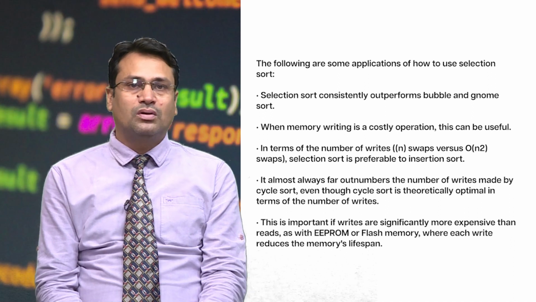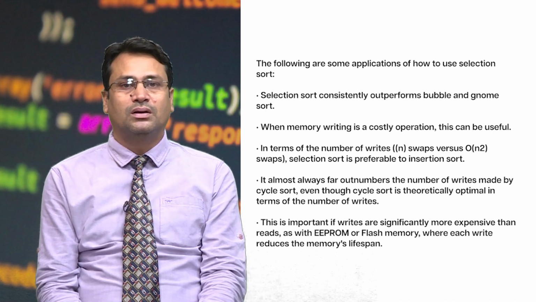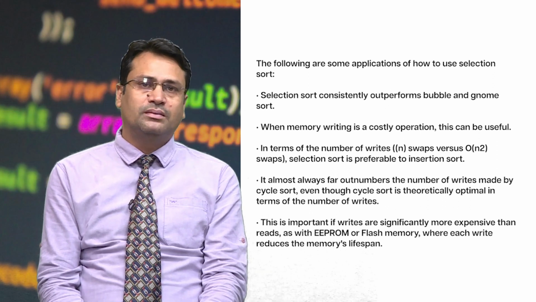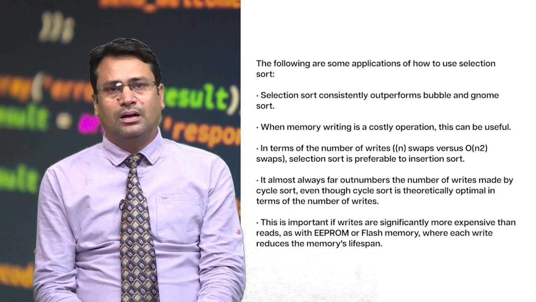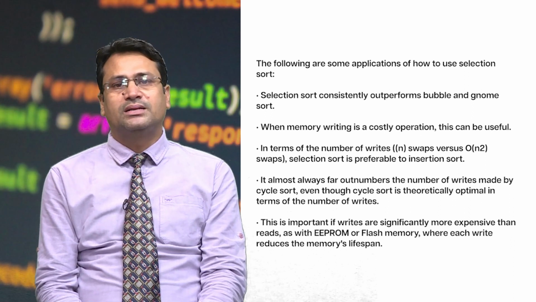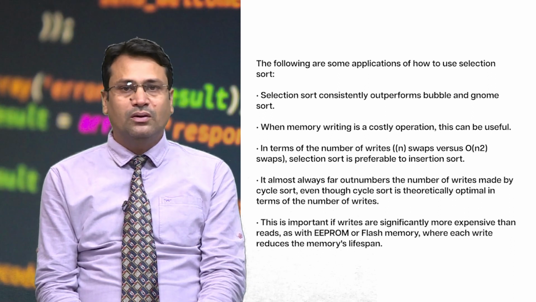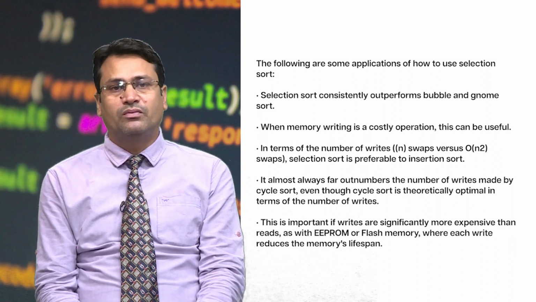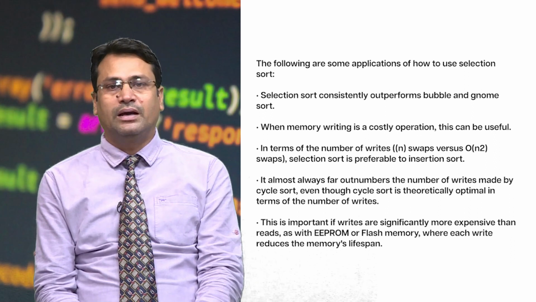It is almost always outperformed in number of writes by cycle sort, even though cycle sort is theoretically optimal in terms of the number of writes. This is important if writes are significantly more expensive than reads, as with EPROM, EEPROM or flash memory, where each write reduces the memory's lifespan.